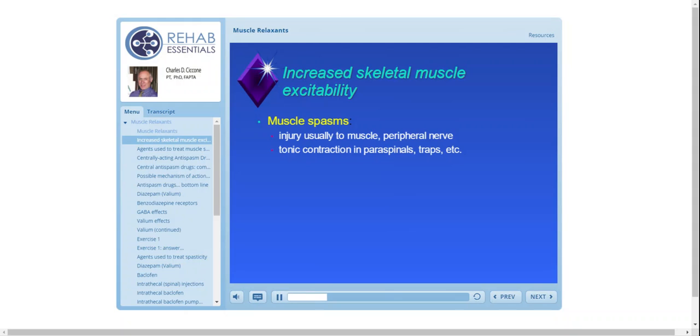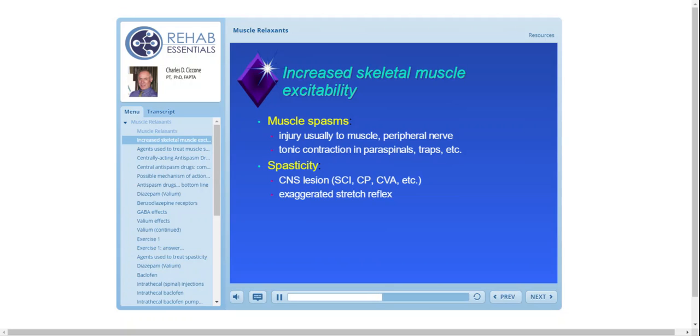I see this characteristically with things like herniated discs pressing on nerve roots, for instance the L5 or the L4 nerve root, causing paraspinal spasms, or injuries to some of the cervical nerves, causing spasm in some of the neck and upper back muscles. And of course, what we see oftentimes is these spasms are tonic. They're very solid. They're not velocity dependent, and the muscle itself is very strongly contracted.